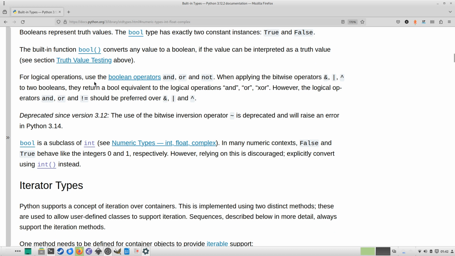For logical operations, use the boolean operators and, or and not. When applying the bitwise operators ampersand, pipe and caret to two booleans, they return a boolean equivalent to the logical operations and, or, XOR. However, the logical operators and, or, not, is equal to should be preferred over ampersand, pipe and caret.